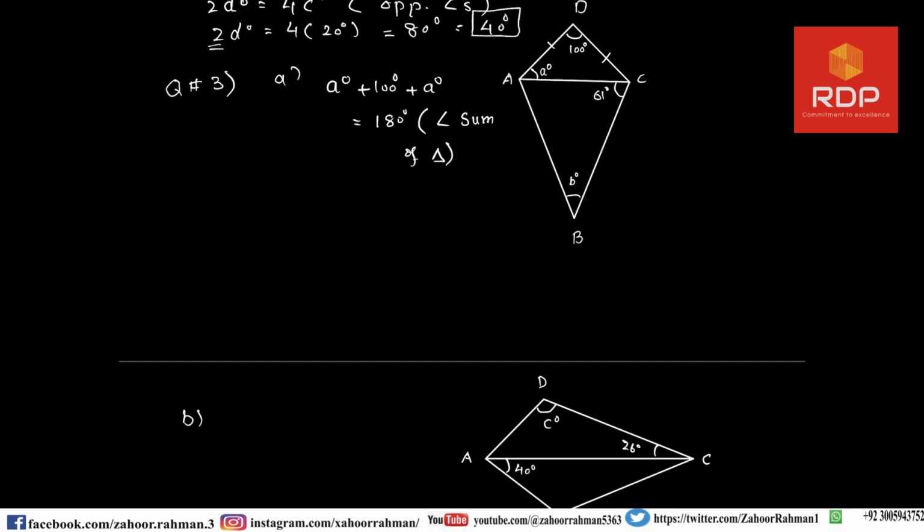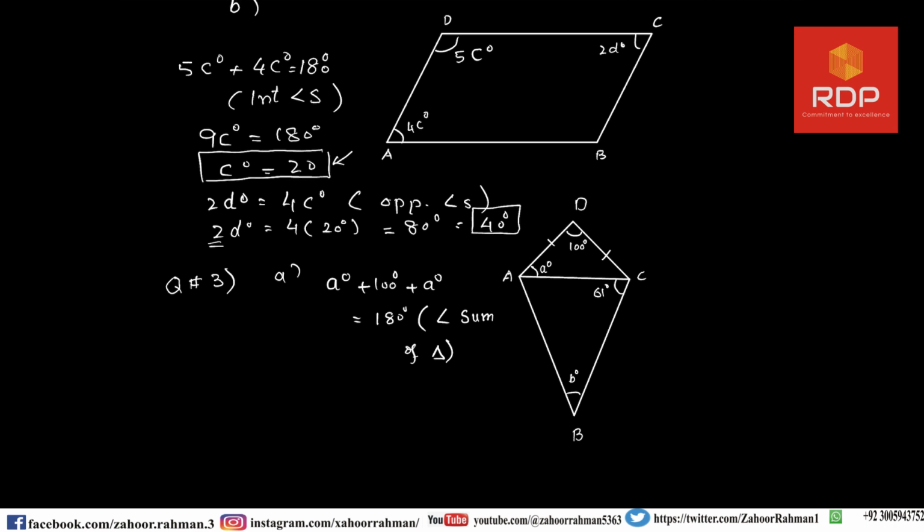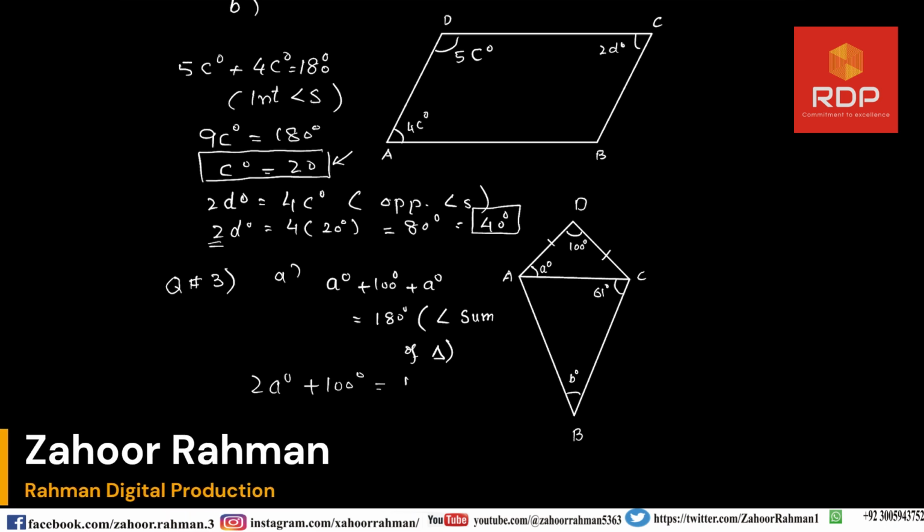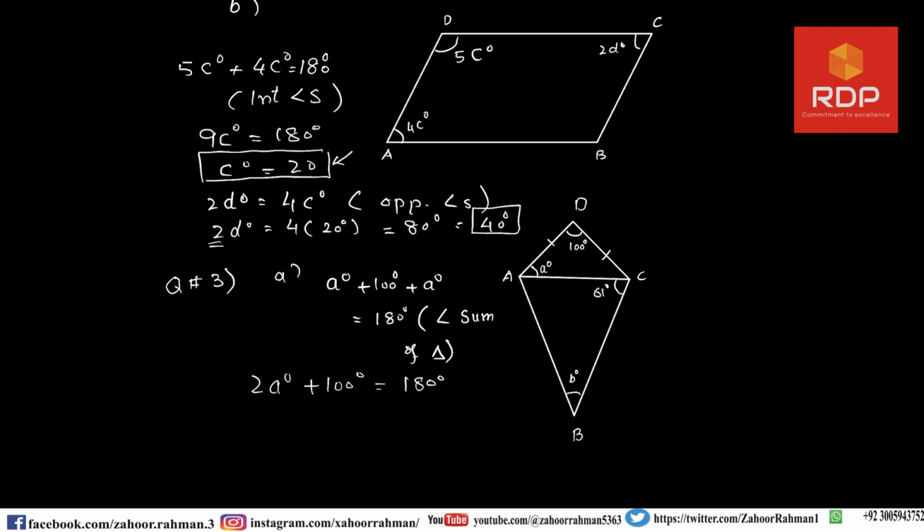So now I can write it as 2A degree plus 100 degree is equal to 180 degree. So 2A degree is equal to 80 degree, and it means that A degree is equal to 40 degree. We are finding the value of this A.